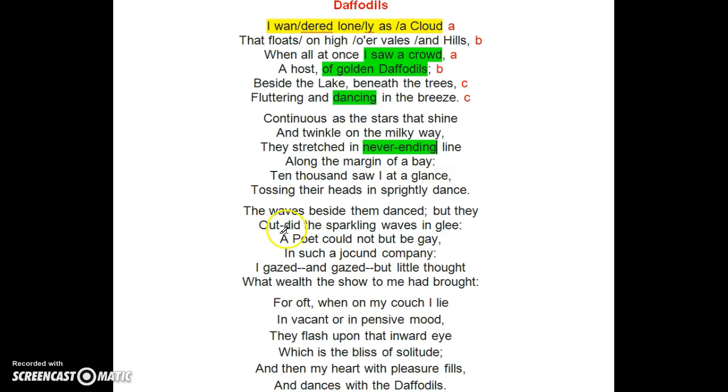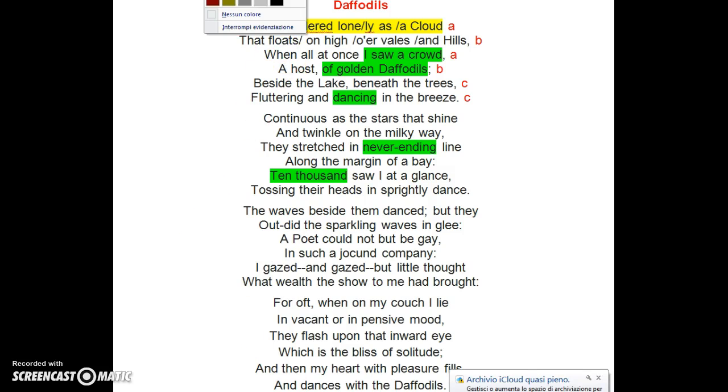The same exaggeration we can find in line 11, where 10,000, of course, is another exaggeration because we can't see so many flowers.